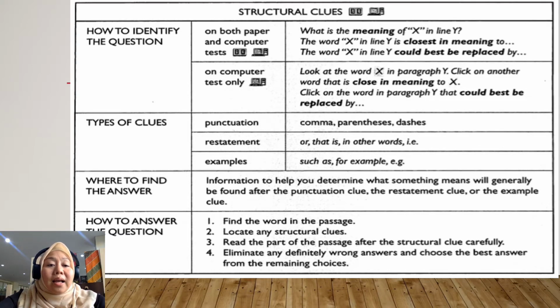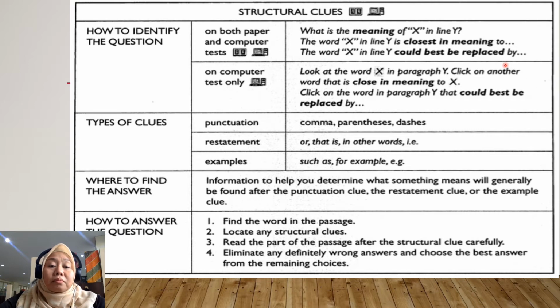If you can see in the table here, let me put this one. Now, how to identify the question? The type of question is usually, what is the meaning of X in line Y? So you will be given the line, so it's not going to be very difficult to find the word.